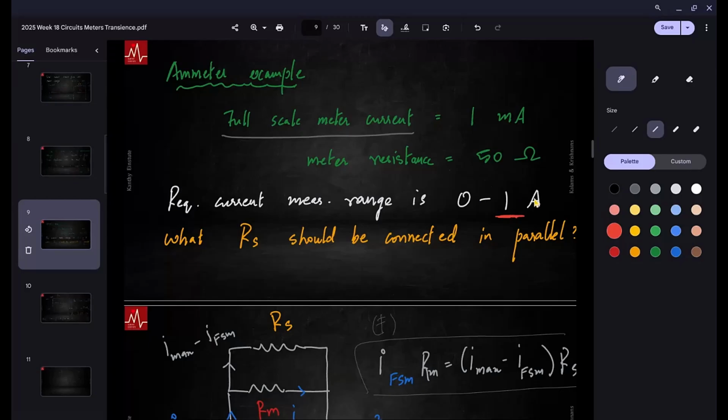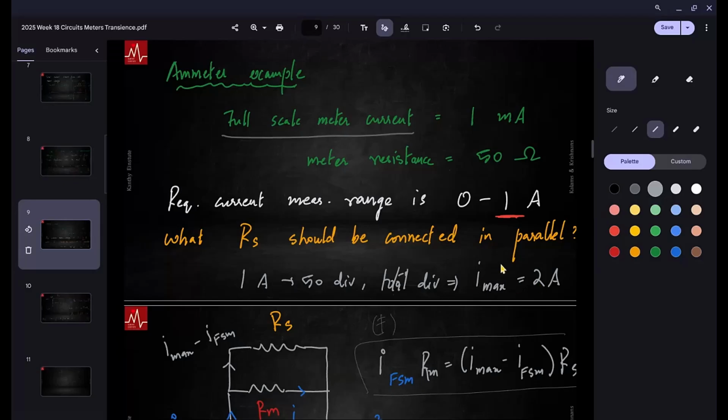So 1 amp should give you 50 divisions. In total, there are 100 divisions. This implies your maximum current that you're trying to measure is 2 amps. 2 amps gives 100 divisions.